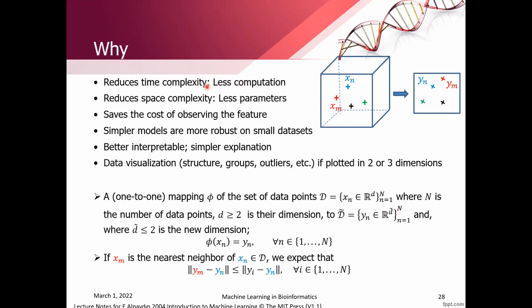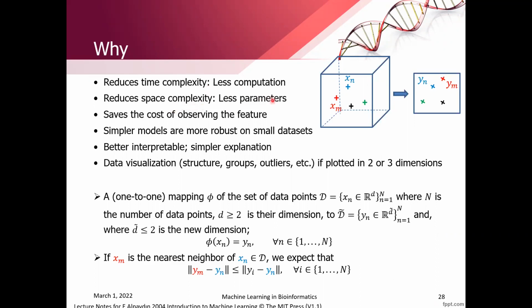We can reduce the complexity of the problem. So if we have some microarray data, we have thousands of attributes for a single observation. And it would be convenient if we could reduce the number of attributes to some small number.